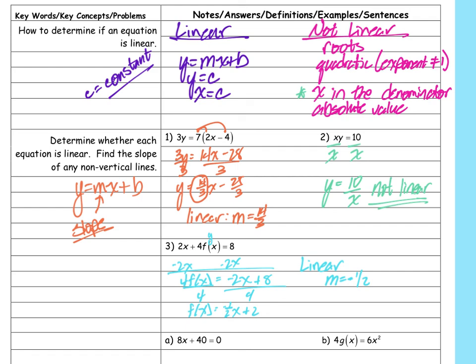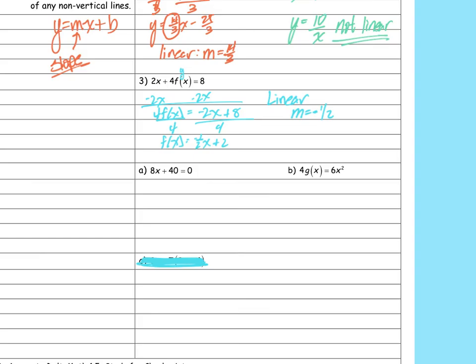Okay, awesome. Now it's your turn. We're going to go ahead and finish this really quickly. So I'm going to subtract 40 here. And I get 8x equals negative 40.